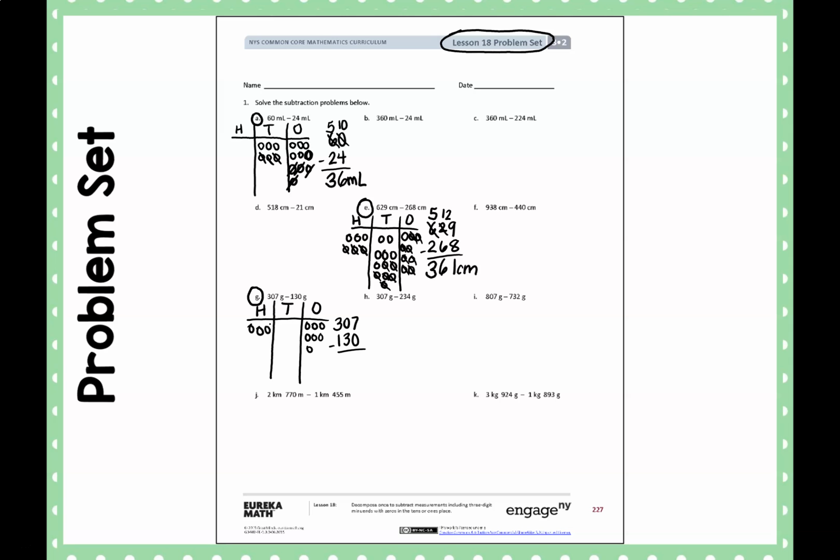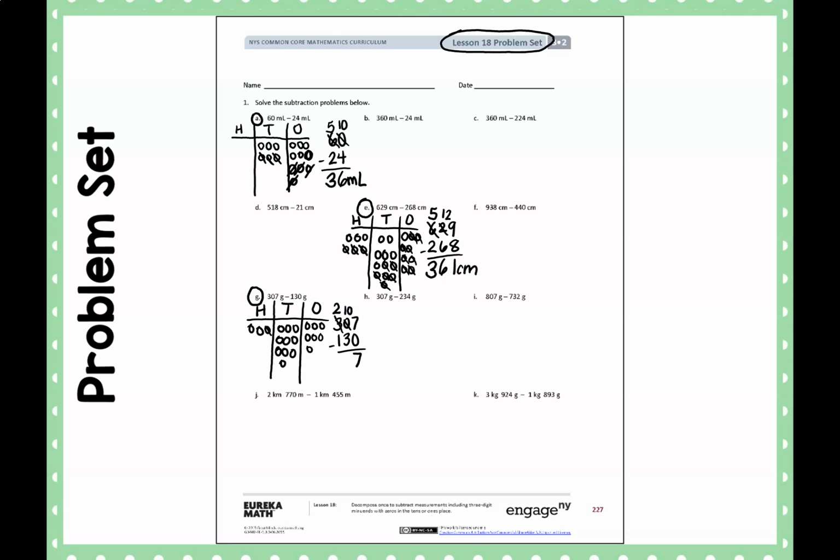Okay, now let's look at our next number to see what we're subtracting. So in the ones place, I'm taking away 0 from 7. So I don't cross off any, and I still have 7 in my ones place. Okay, my next one, I have 0 tens, but I have to take away 3. So I can't do that on my own, so I'm going to have to go next door, knock on the hundreds place, cross off that 100 and make 10 tens. So my 300s becomes 2, and my 0 becomes a 10.